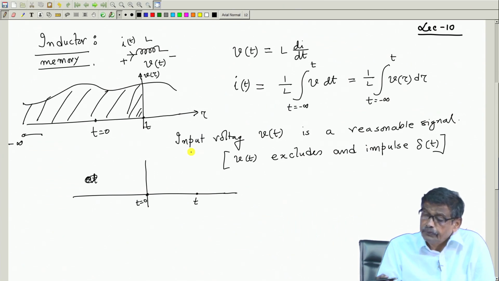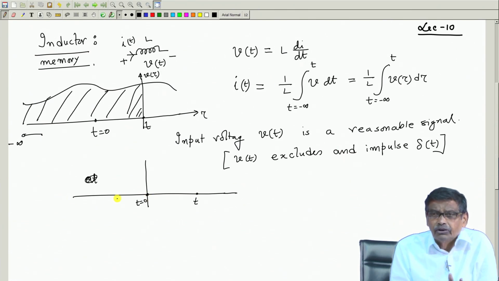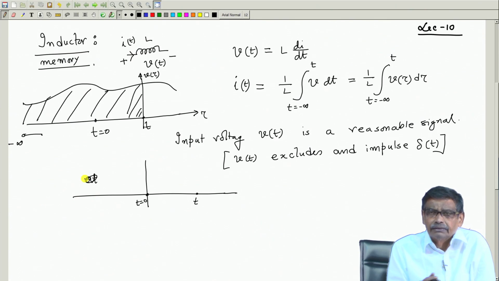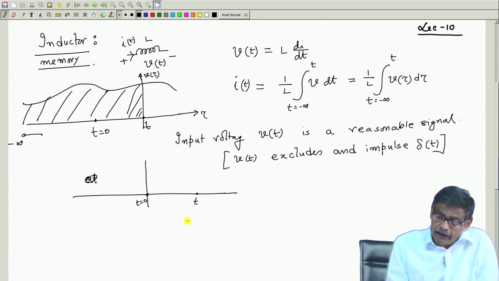But as I told you, the current at time t will depend upon all the voltages integrated up to time t, including the known voltage here, and for t less than 0, I am not sure what voltage I applied. Unless it is known, it cannot be done, but I will tell you how this problem can be tackled.